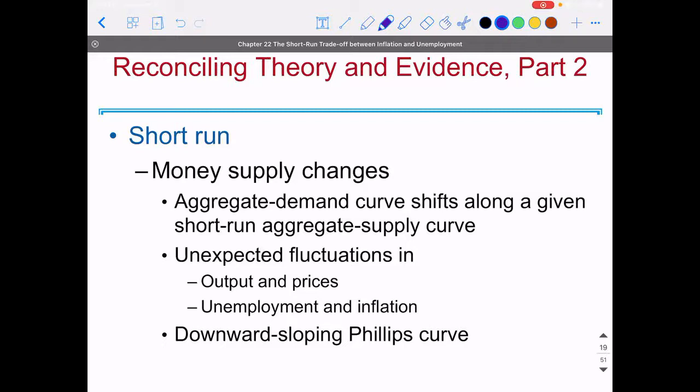And they can do that by engaging in monetary policy. For instance, if they increase the money supply, that's going to shift the aggregate demand curve, and you're not going to see as much of a fluctuation in unemployment and prices.